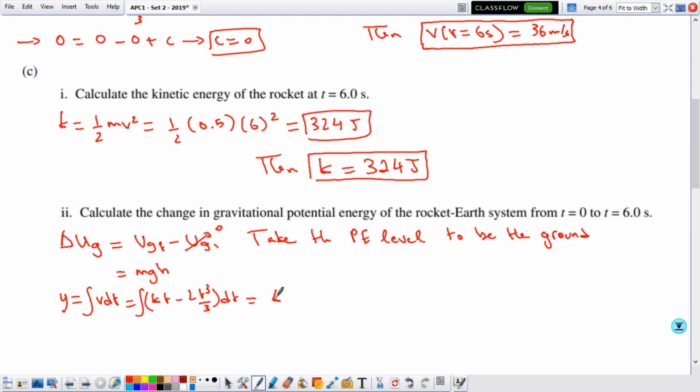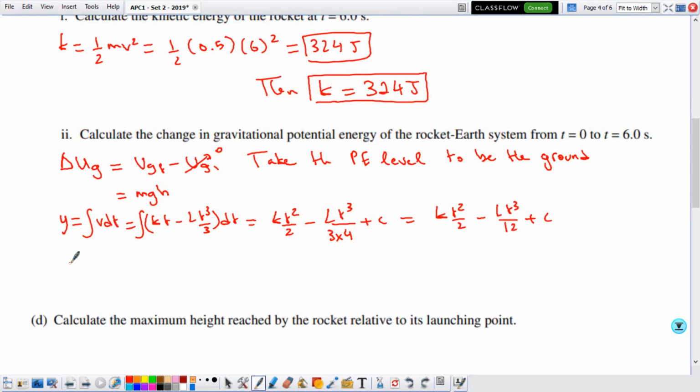That would be kt squared divided by 2 minus lt cube divided by 4, and already we have 3 here, which makes it lt cube divided by 12, plus the constant c. Then the vertical position is given by kt squared divided by 2 minus lt cubed divided by 12 plus c.